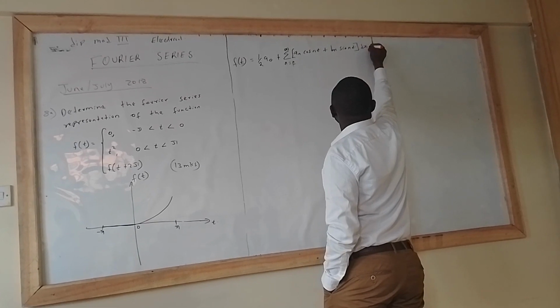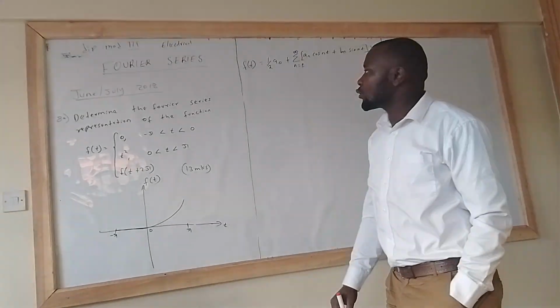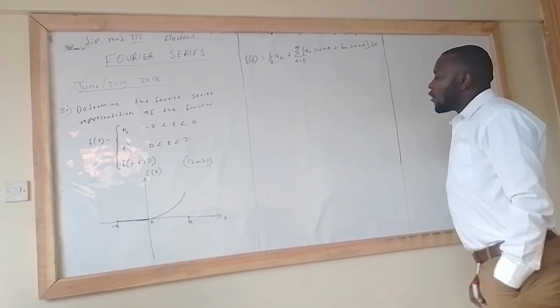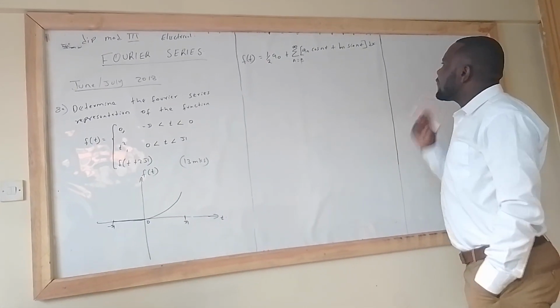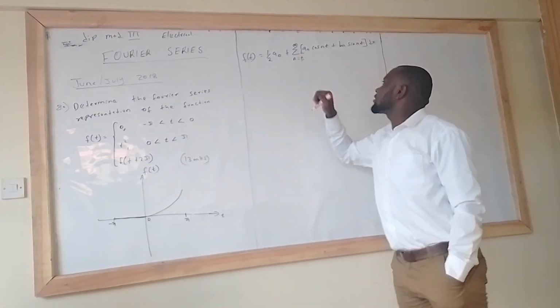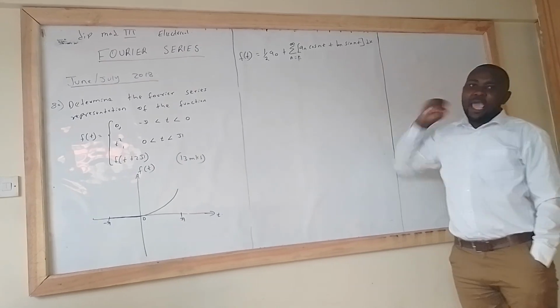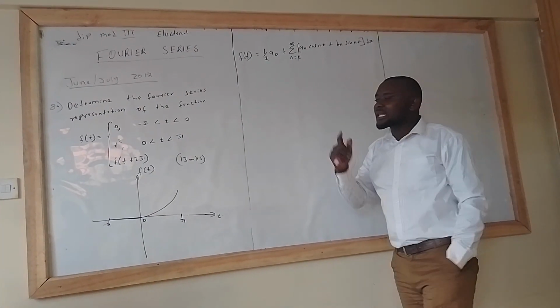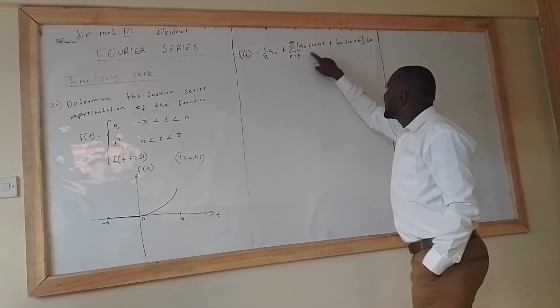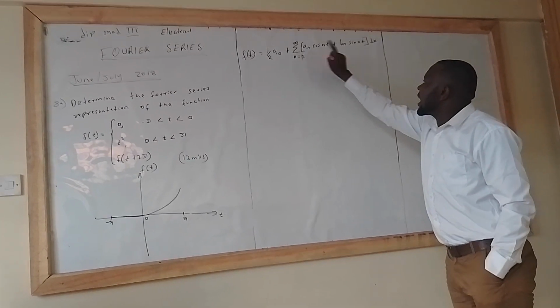Now, we need to find the constants a naught, an, and bn.